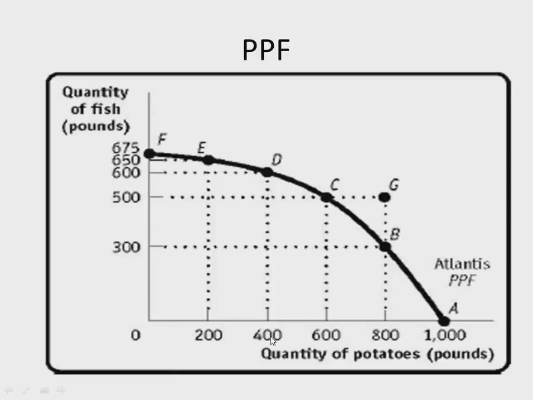For us to make this movement, we will notice that we are moving from point E to point D. So we are giving up 650 minus 600, which will be 50 pounds of fish. Therefore, the opportunity cost of increasing potato production from 200 to 400 is 50 pounds of fish. So if we were to increase from 200 to 400, we will be giving up 50 units.